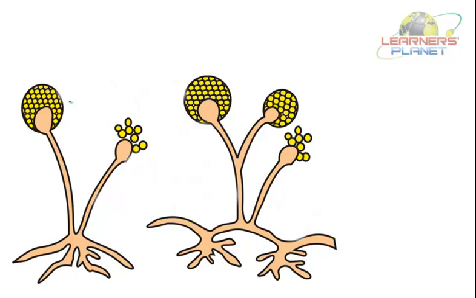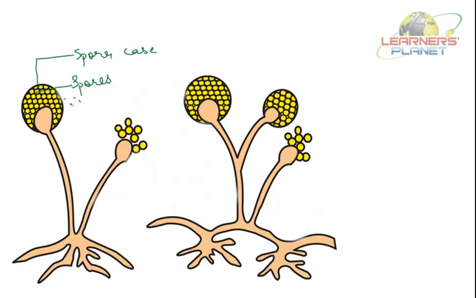Now here, you can see very small structures. These are spores. Spores are released when the spore case bursts open. This is the spore case. So when the spore case bursts open, spores are released.